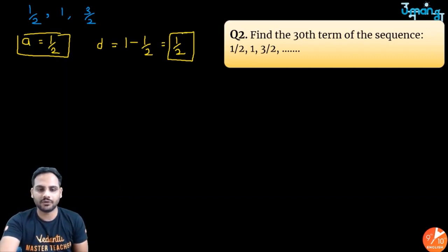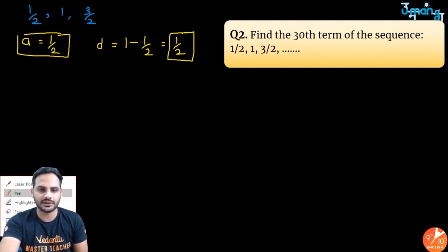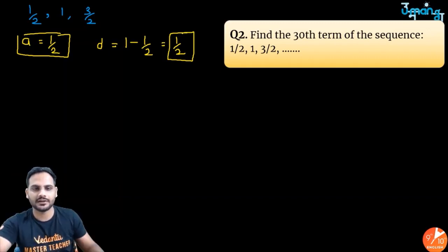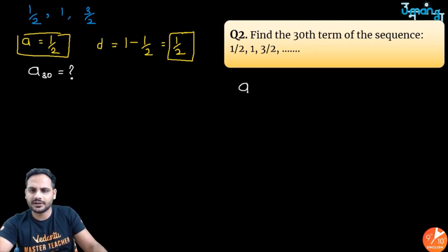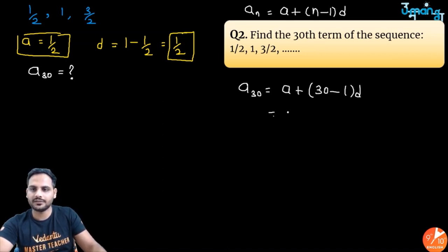Now what do I need to find out? I need to find out the 30th term, that means a30. So by the general formula, an is equal to a plus n minus 1 into d. So it will be equal to a plus 30 minus 1 into d, so that is a plus 29d.